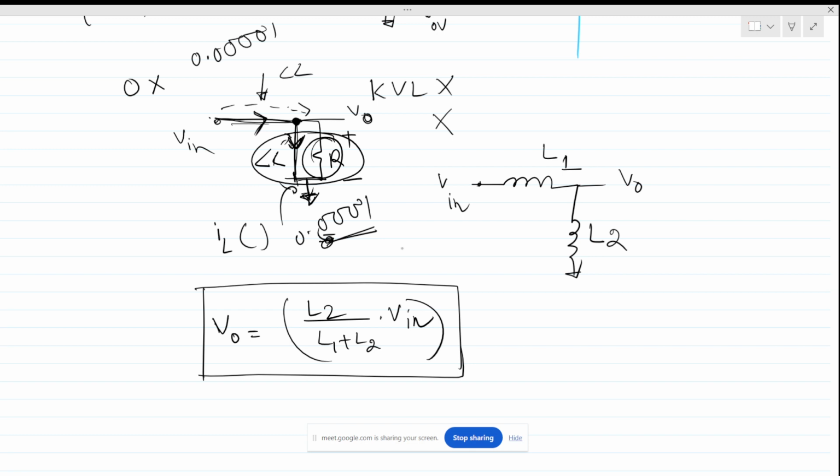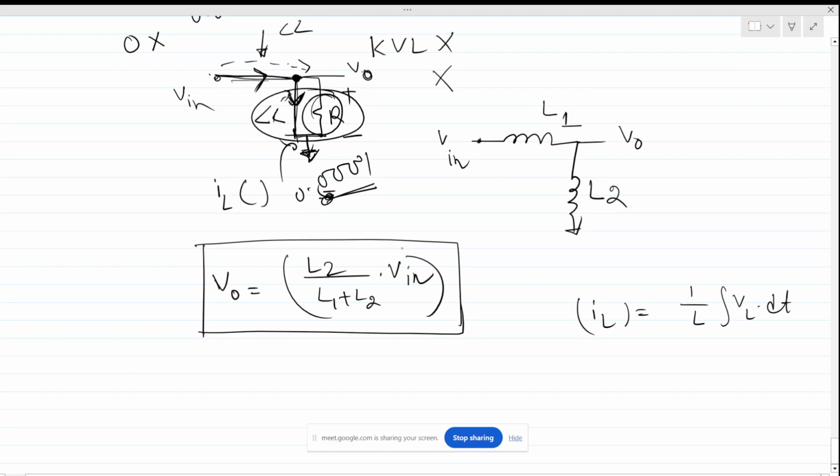So when is it possible for the current through an inductor to become infinite? When this VL is infinite, right?